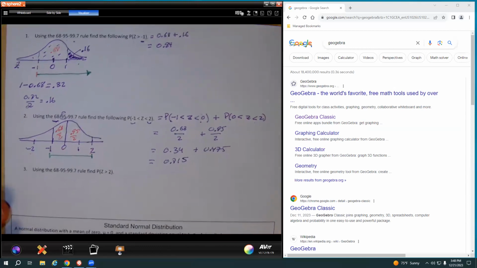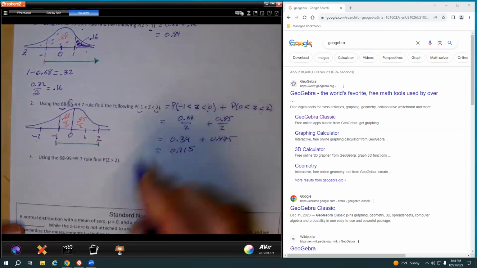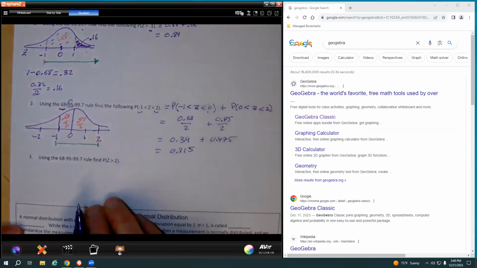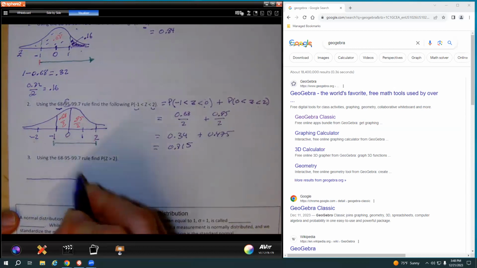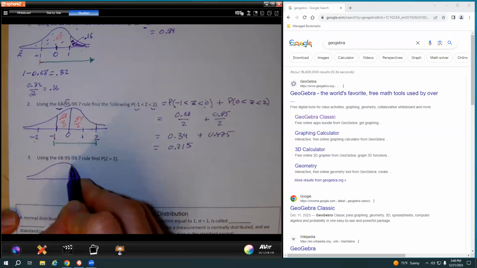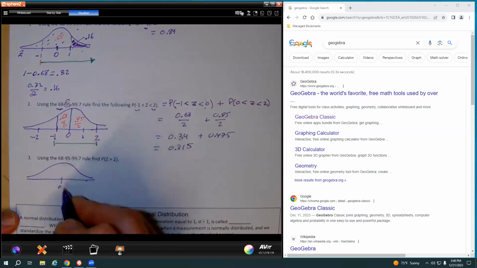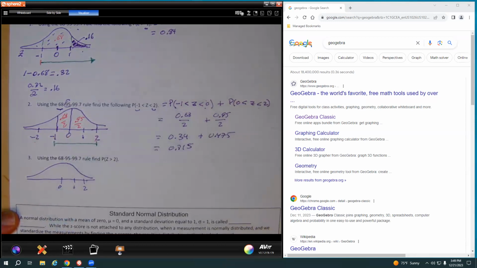All right, we'll do one more here. Using the 68, 95, 99.7 rule, find z greater than 2. So I'm going to draw my picture. Then I'm going to draw what I'm after.